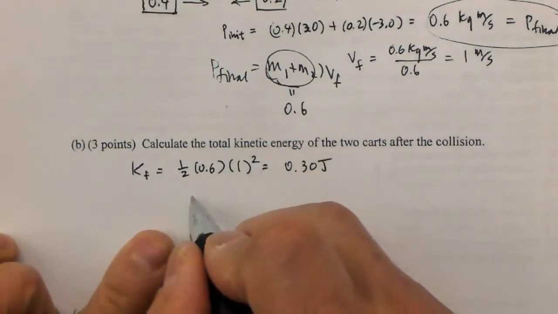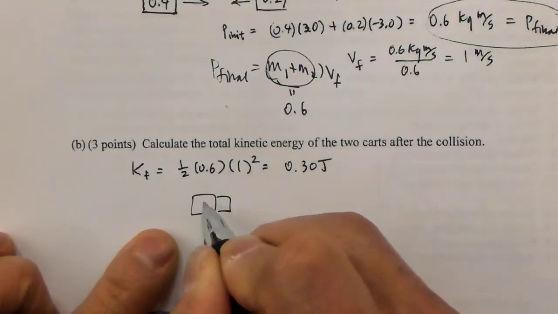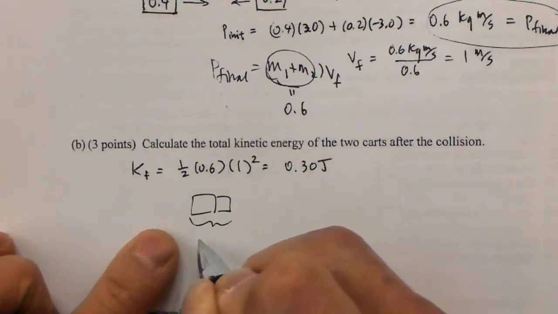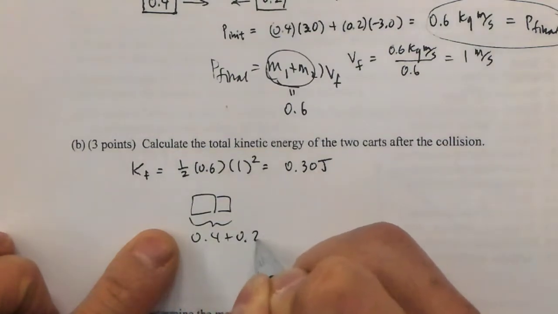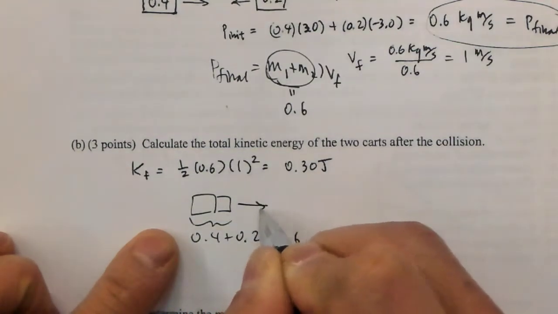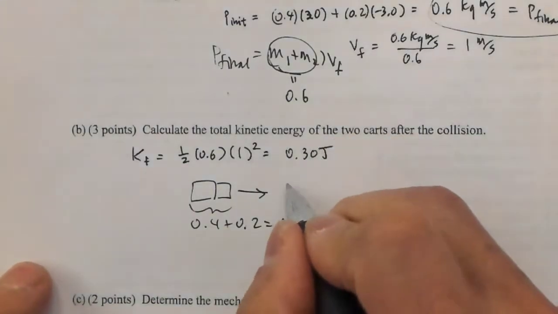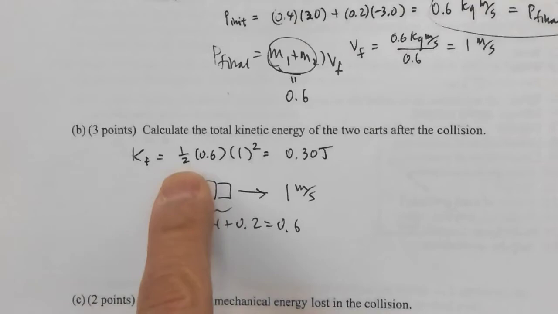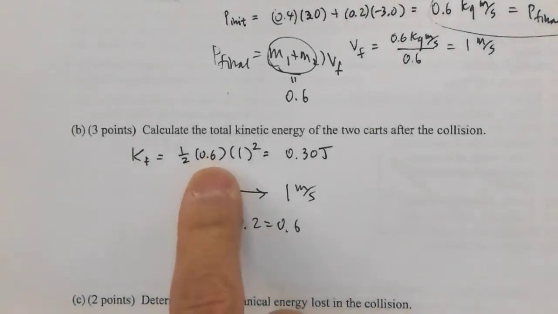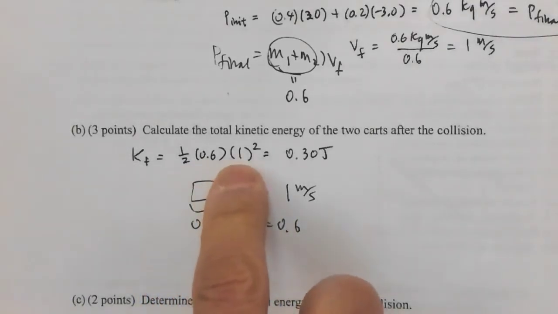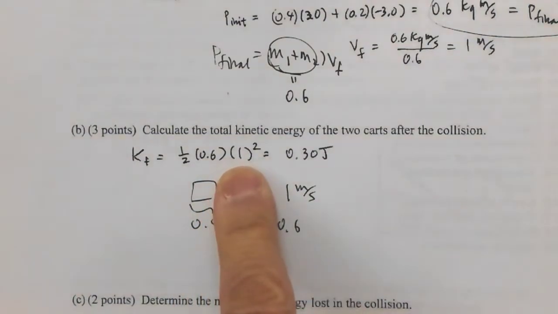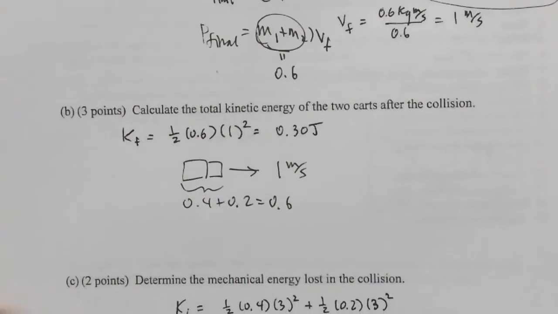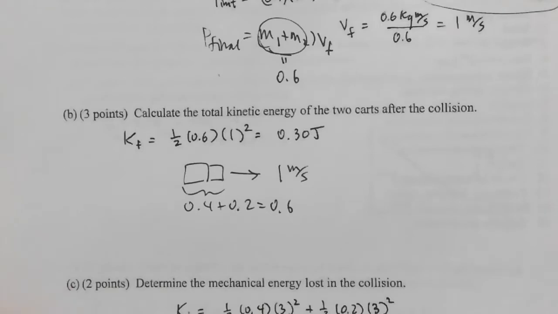We have both carts stuck together, and this, as a unit, is 0.4 plus 0.2 equals 0.6 in mass, moving with a speed of 1 meter per second. So the final kinetic energy will be 1/2 times the mass, 0.6, times the speed, 1 squared, and so it comes out to 0.3 joules. Any questions about this?